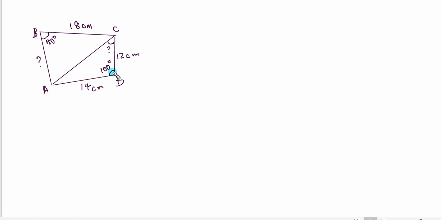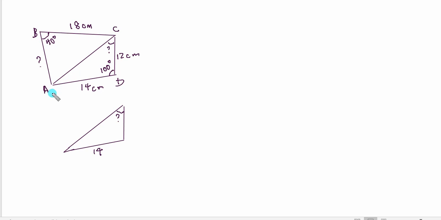Okay, now let's look at ADC. As far as we are concerned, if you want to find this angle C, ACD, as I said earlier, with triangle ABC having only two pieces of information, you cannot find the angle, you can find the length.